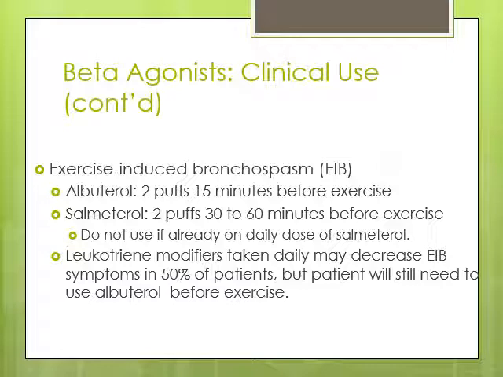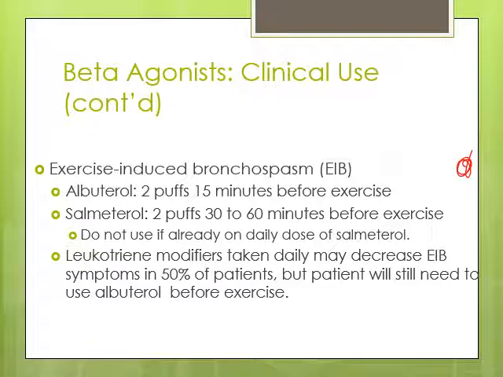I had a patient not too long ago that had been prescribed a beta agonist for exercise-induced bronchospasm by another provider. And so when I was asking them about this, they were saying they were taking it so many minutes afterwards. And so it needs to be before their exercise. And so education is key with these patients.